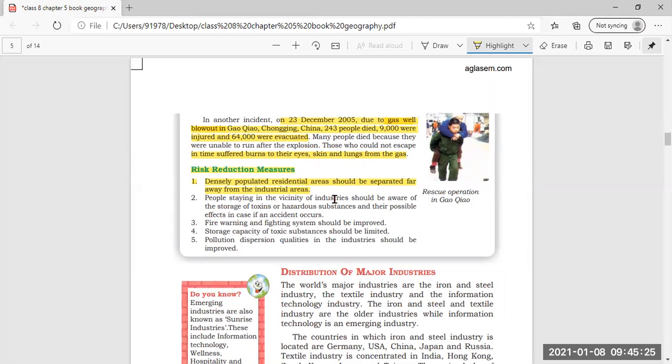Second, people staying in the vicinity of industry should be aware of the storage of toxins or hazardous substances and their possible effects in case an accident occurs.